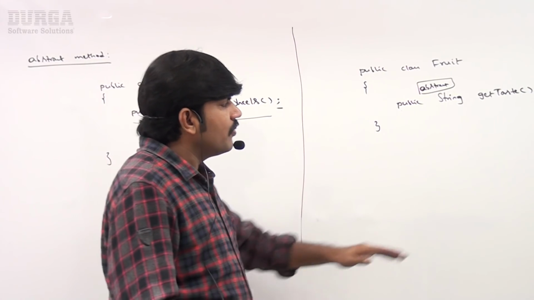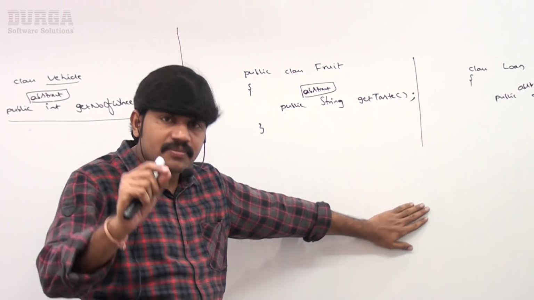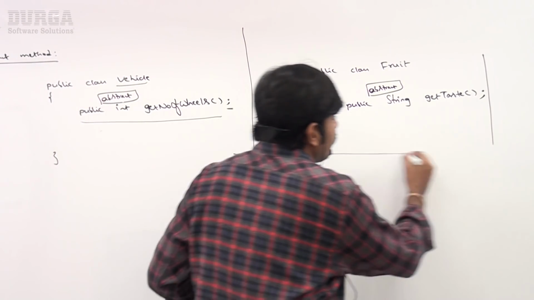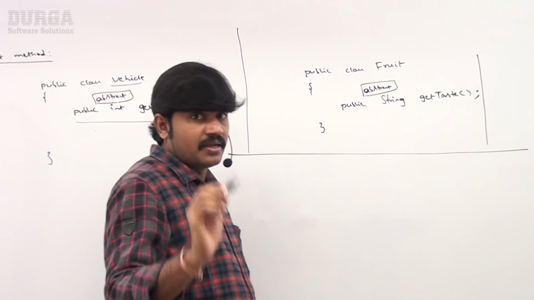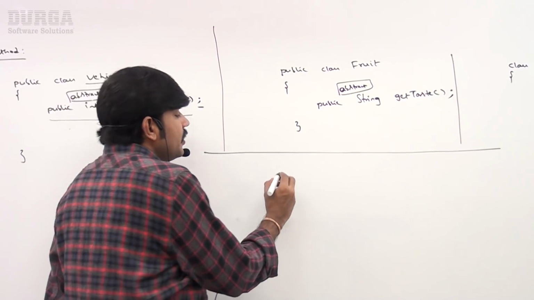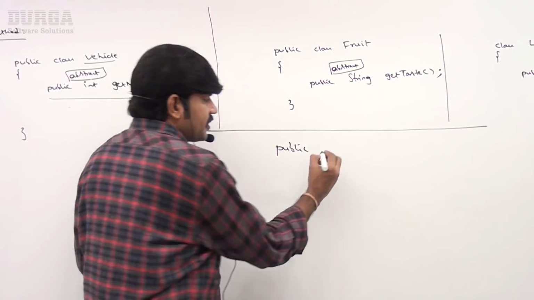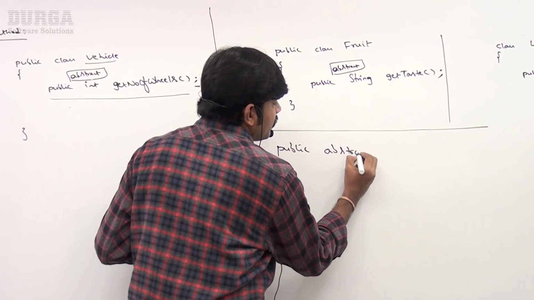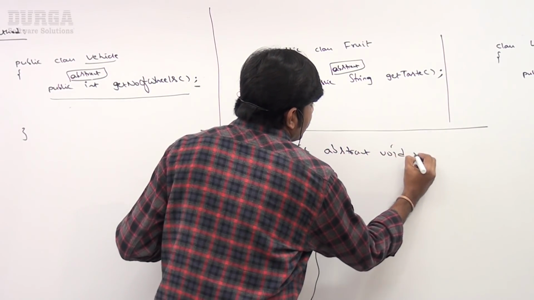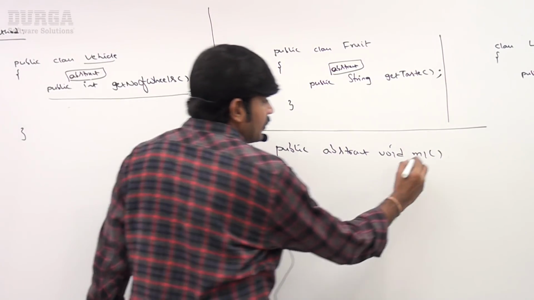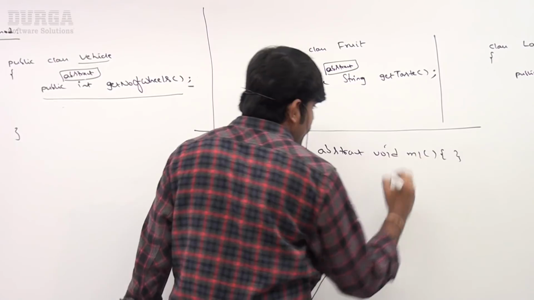That's all. Now, for exam sake, what important question is there? Let me talk about very important points. Here I'm taking public abstract void m1, like this.